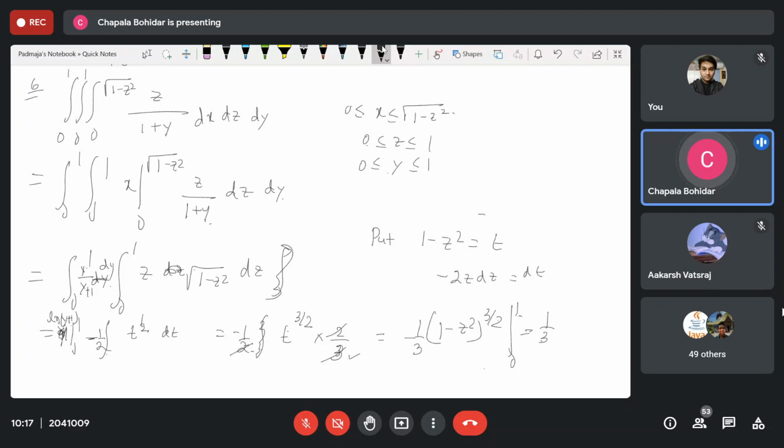When I put 1, I'll get ln 2, sorry, ln 2 into this value 1 by 3. So the answer is ln 2 by 3.